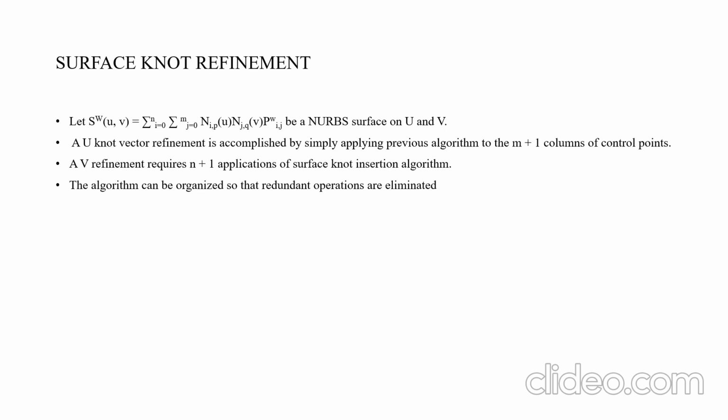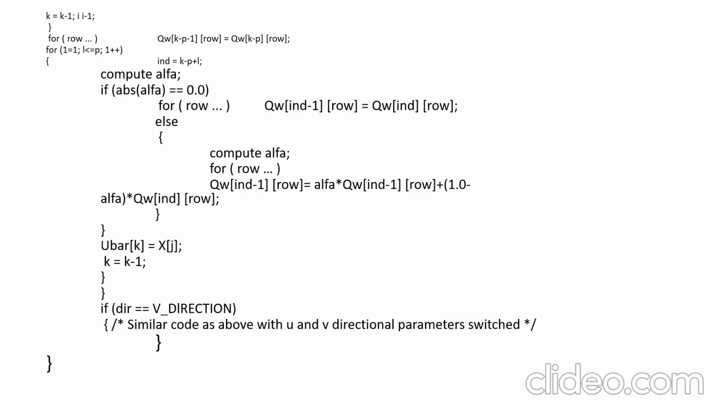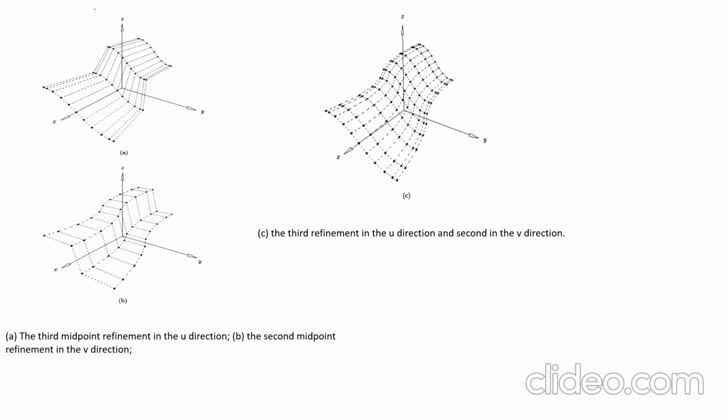This algorithm can be organized so that the redundant operations are eliminated. Here is the algorithm which performs the knot refinement on the surface. Here we can see the example for surface knot refinement.